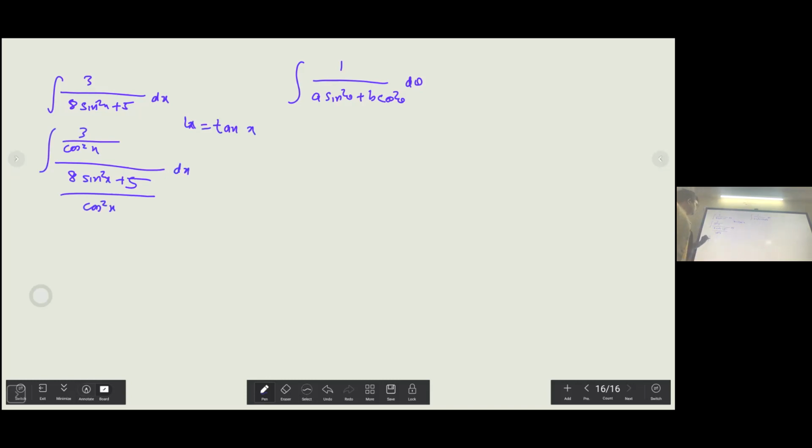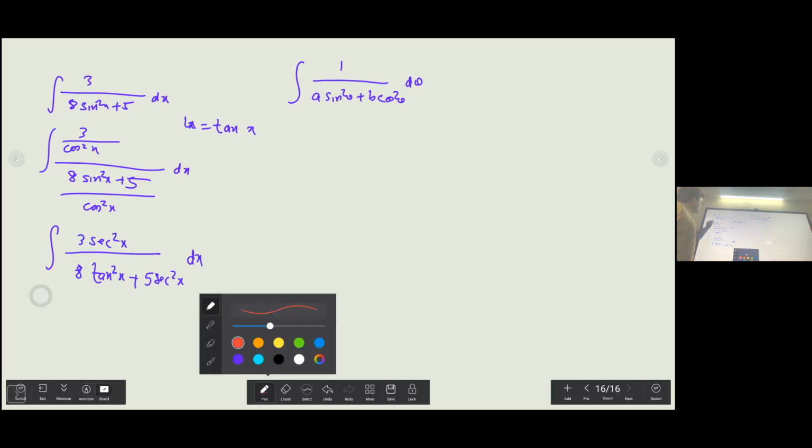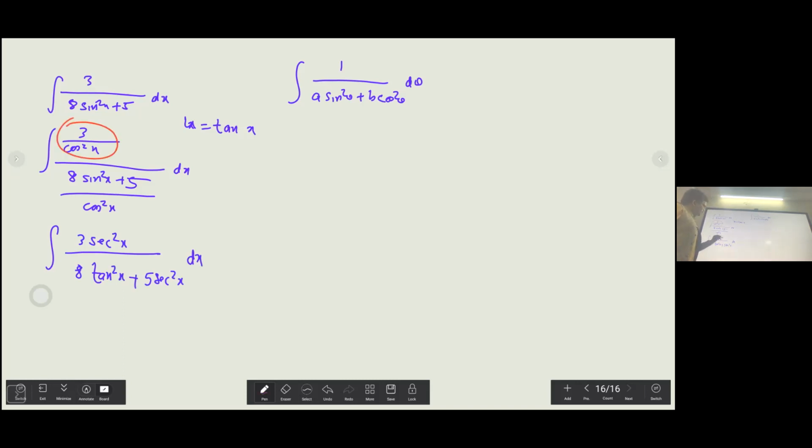You'll get 3 sec squared x upon 8 tan square x plus 5 sec square x. I'm sure that you would have understood how I got this. So since 3 upon cos square x is basically 3 sec square x straight away, that's how I've written it out here. And I isolated each term. So 8 sine square x upon cos square x is 8 tan square, and 5 upon cos square x is 5 sec square x.